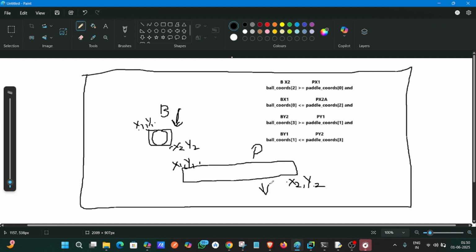If these four conditions are true, it means the ball has collided with the paddle, because we are checking these rectangles. Wherever the position of the rectangle is, we are always checking the coordinates because we are passing the coordinates to this function. Now we'll see how we have done this in the coding. I hope this is clear. Please watch this again and again and understand the coordinates.